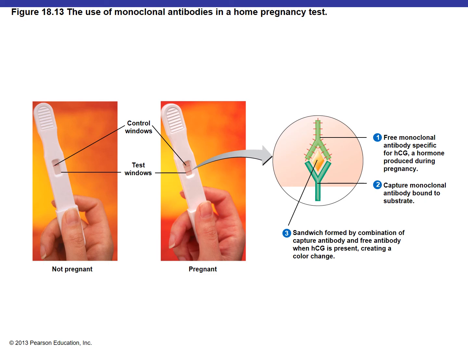You have to have one directed against one epitope of the HCG, the pregnancy hormone that's found in urine, and then you need a second antibody that is directed against a different epitope.